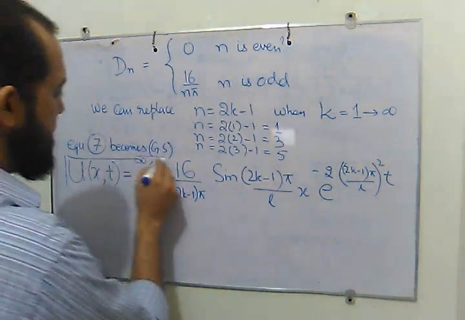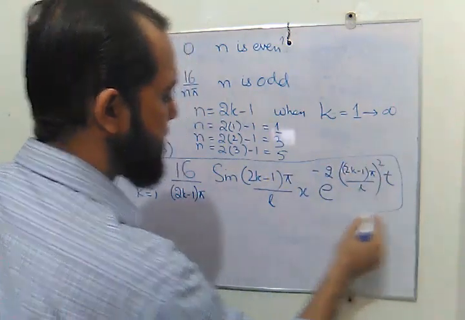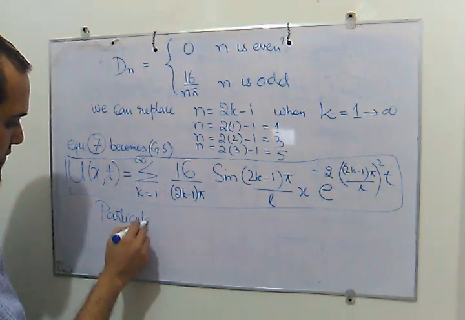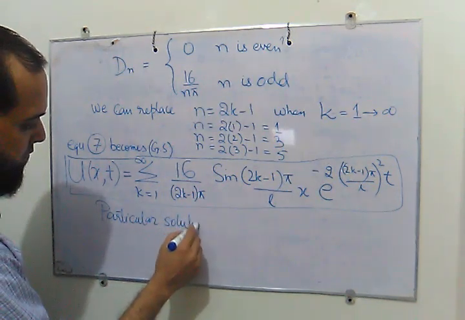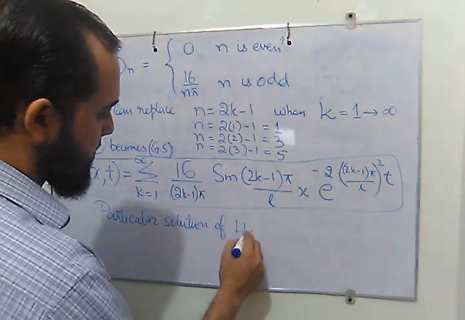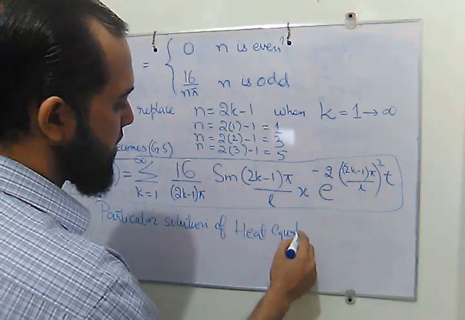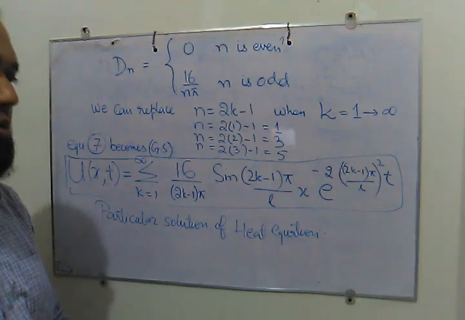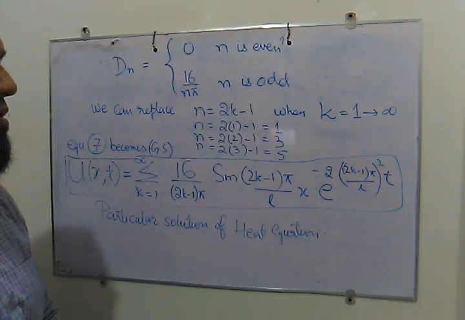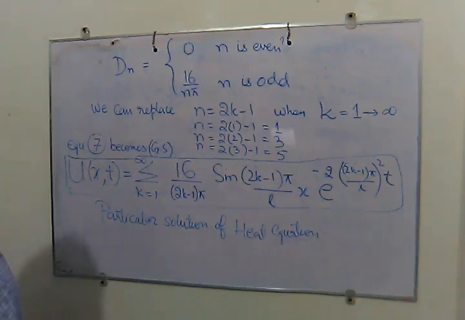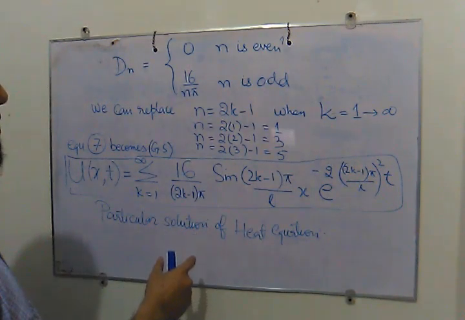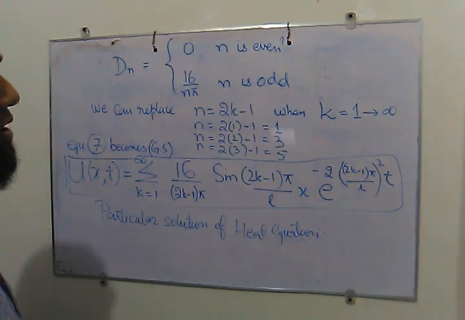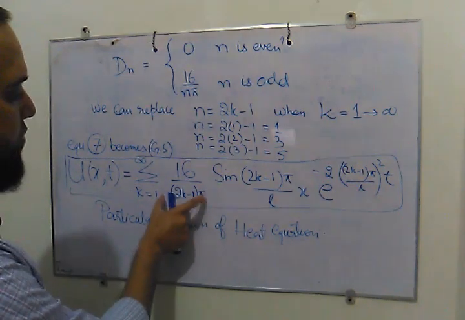This is now, because of the value of the coefficient, the particular solution of the heat equation. A general solution of the heat equation is enough to solve if you are not going to apply that equation in some computer programming. So if you use this equation and you want to find the result from MATLAB, for example, and you want to see the distribution graphically, then you must need the value of the coefficient.